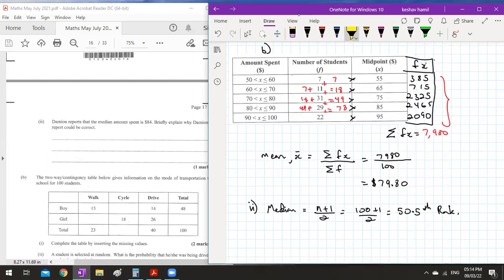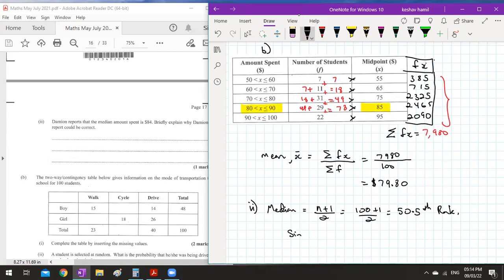So the 50th student would fall in this group here, because the last student in the previous group is 49, the next one will be 50, if you put them in ascending order.